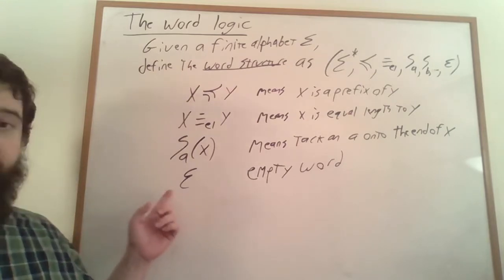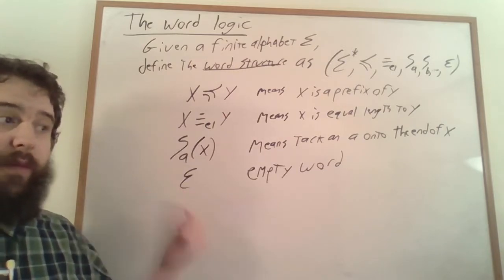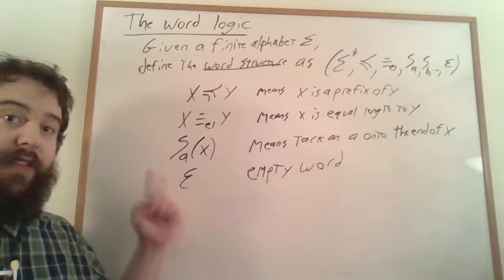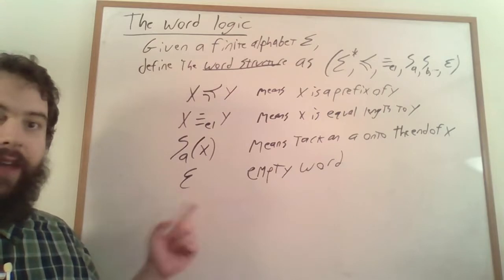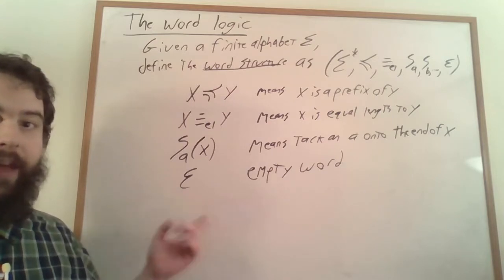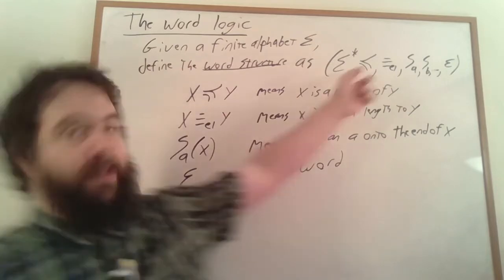Any formula involving this particular constant can be translated into a formula that doesn't involve this constant, that instead has a variable representing the empty word, and then you assert that that variable satisfies the properties that the empty word does. Specifically, something like it's the prefix of everything.